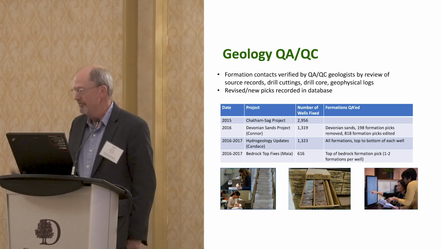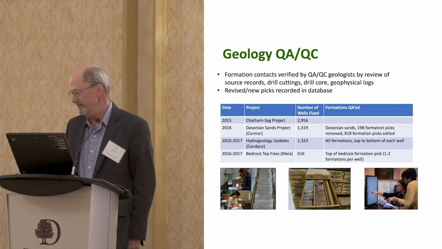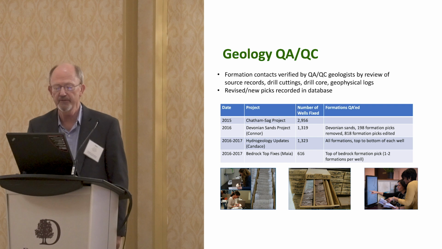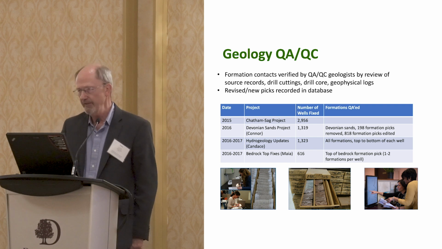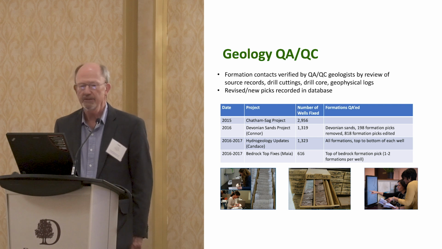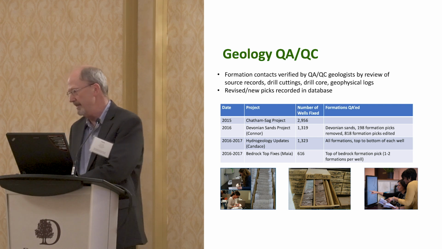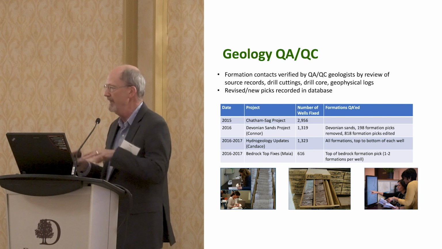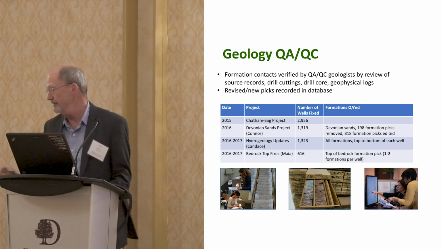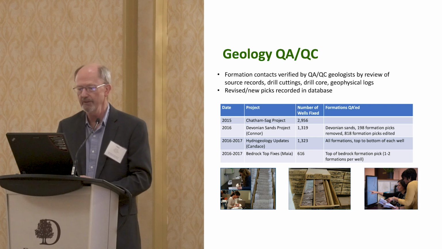So this is part of that iterative process and why the first model wasn't acceptable, or the second or the third, and we're on the fifth now. Because as we find the errors, we correct them in the database and run it again. So with this whole process we don't just end up with a model, we end up with a vastly improved quality of data in the database for anybody else who's coming along to use the data subsequently.